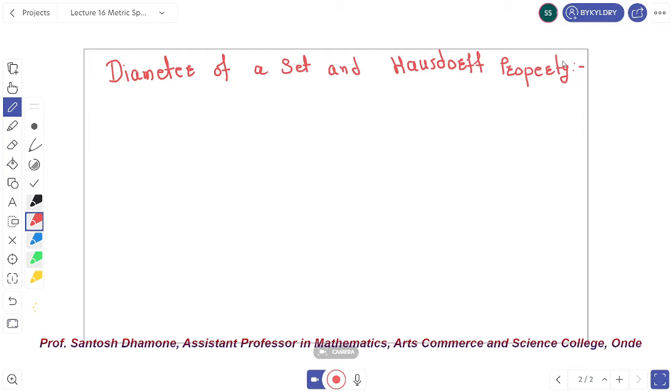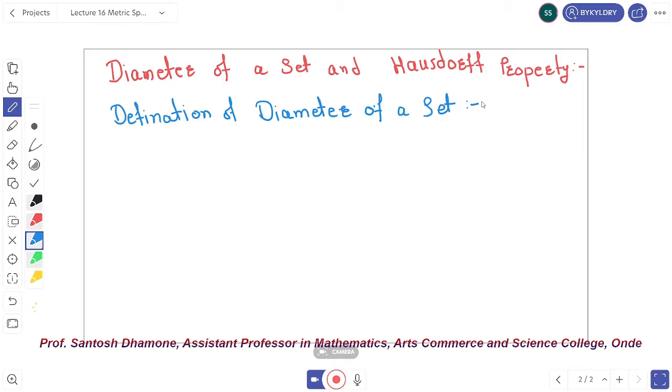First, I give a definition of the diameter of a set. Let X be a matrix space.